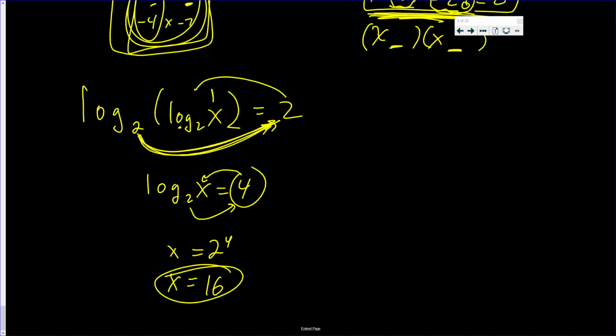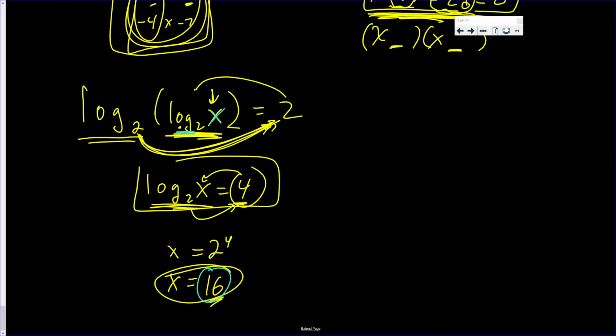And we should make sure of something. I'm taking log of two things. Taking log of x, log of 16 is okay. And then I'm taking log of this. But it says so right here. This is 4. So I'm taking log of 4. That's okay. Here, I'm taking log of x, and x is positive.